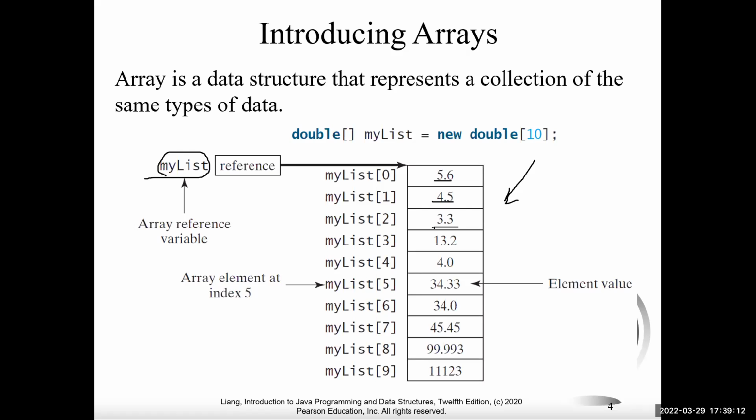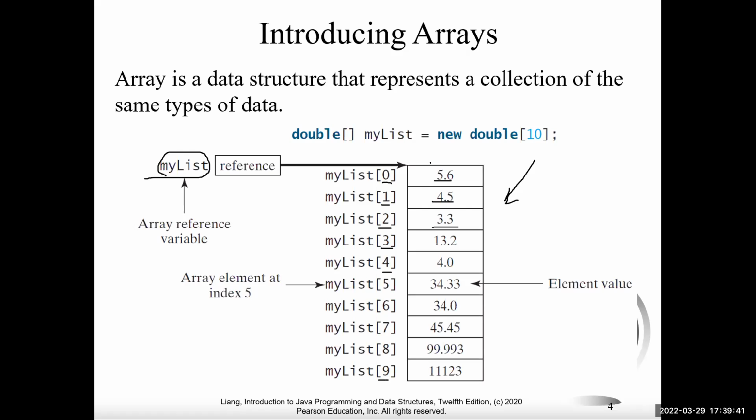All of these are numbers that are saved in this array. And this array has, as we mentioned, multiple cells. Each cell has a number, an index. You see here, index 0, 1, 2, 3, 4, and so on until the last element, which is the size minus 1, which here is 9, right?